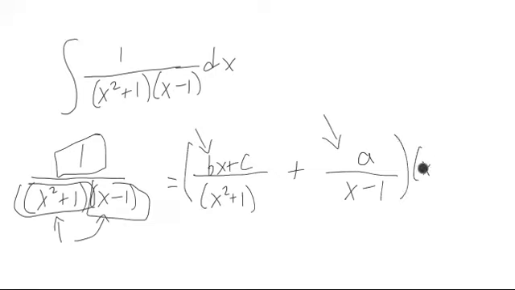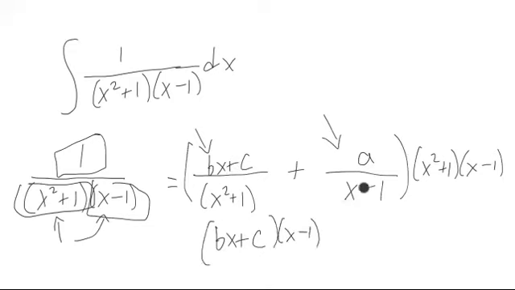As it distributes to this term over here, x squared plus 1 cancels, and you're left with bx plus c times x minus 1. Over here, the x minus 1s cancel, and you're left with a times x squared plus 1. And on this side, you just have that 1.